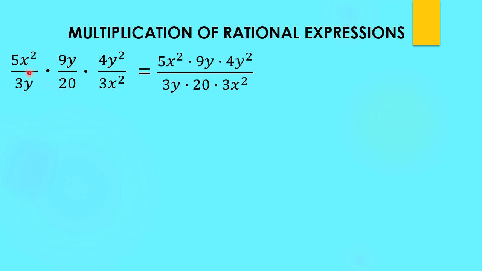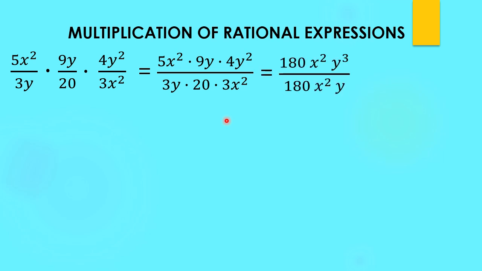So let us multiply all the numerators, 5x squared times 9y times 4y squared, over 3y times 20 times 3x squared.